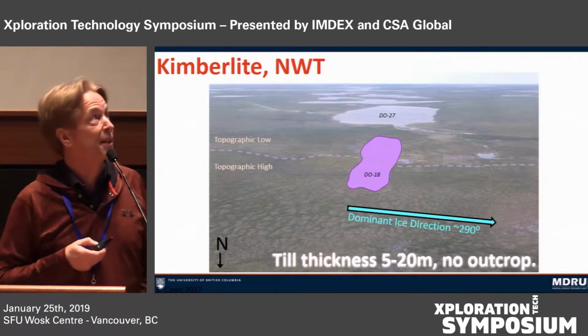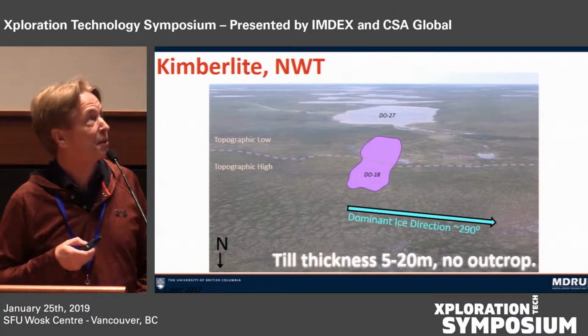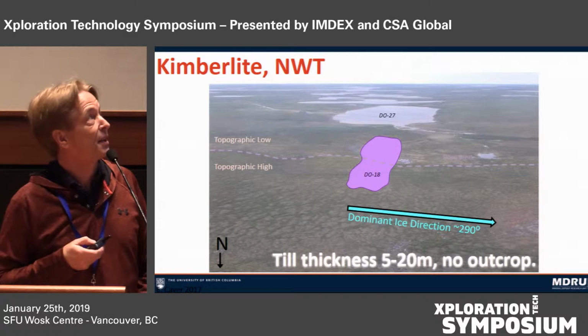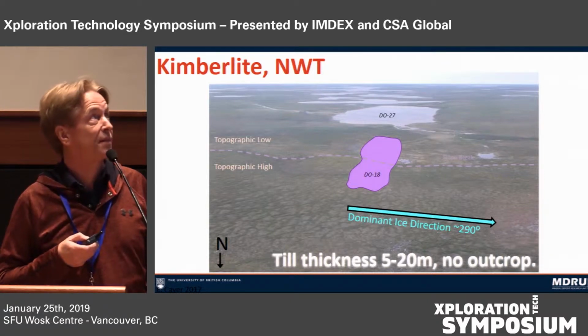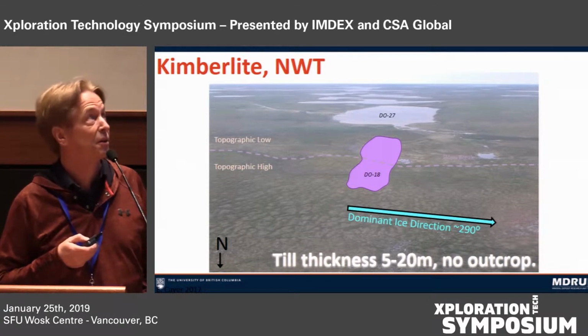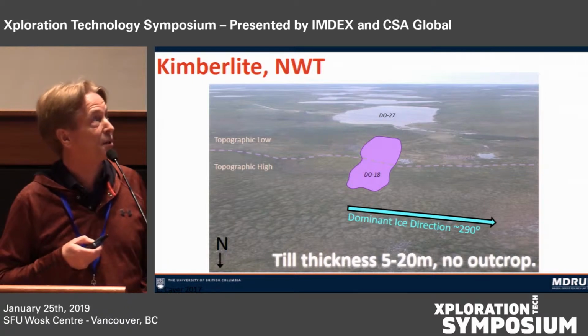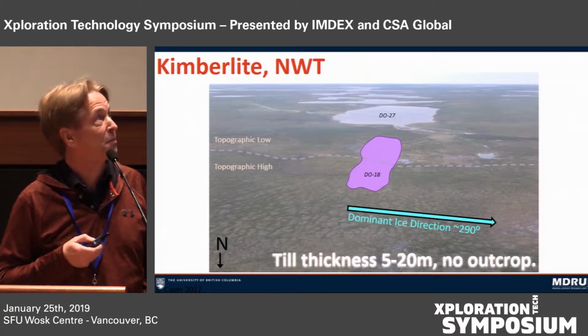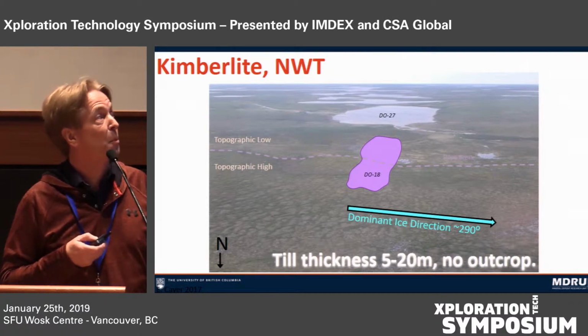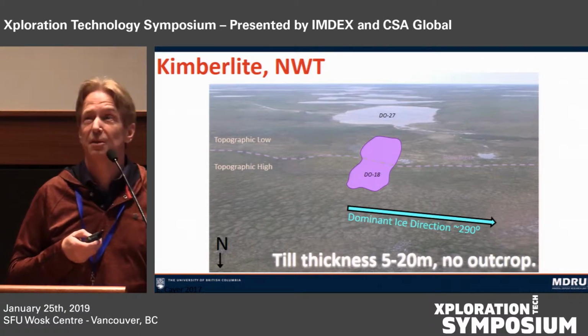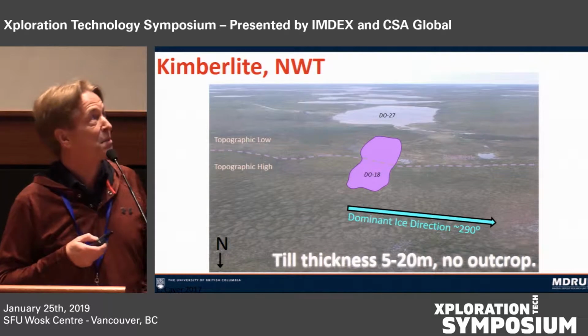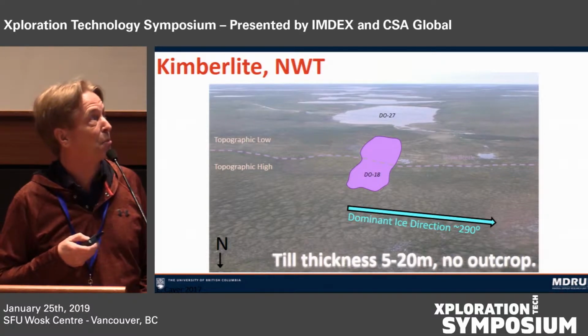If we look at the DI18 Kimberlite, it sits here, as I said, in the Northwest Territories. It's just to the north of the DI27 Kimberlite. That's completely concealed under a lake, as many kimberlites are in the Northwest Territories. DI18 is quite fascinating as it has no outcrop. It sits between 20 to 50 meters of till, and it's actually bisected by a slope break.